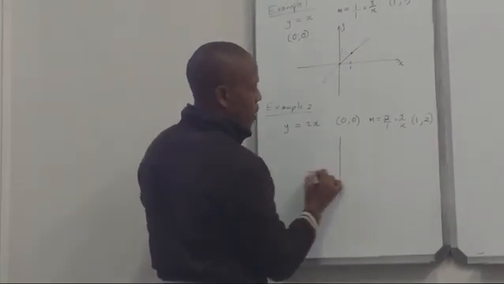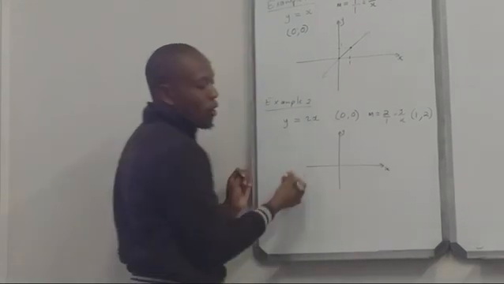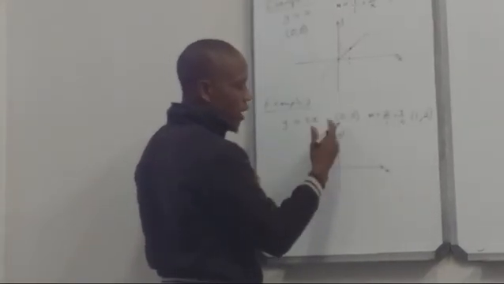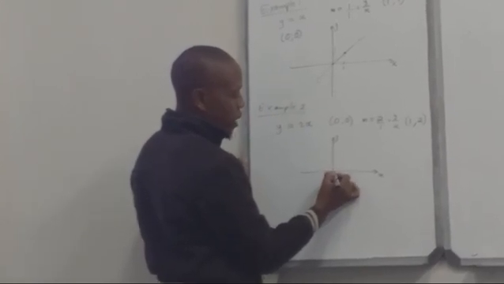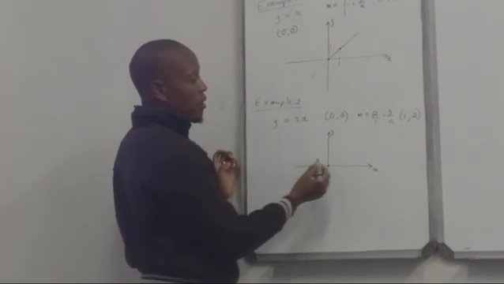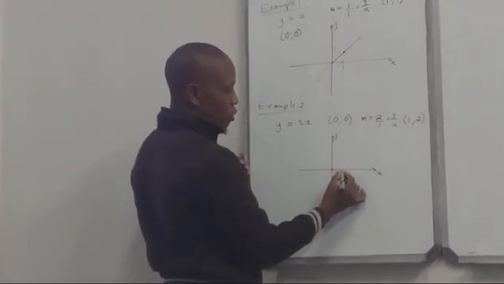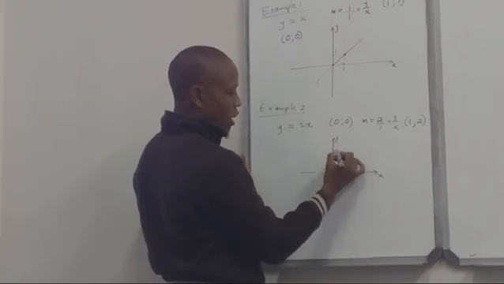Then you do your Cartesian plane. Always label your x and y coordinate system. And then you have your point of intersection, which is 0 and 0. And then you do your 1 here, and here you have 1 and 2.